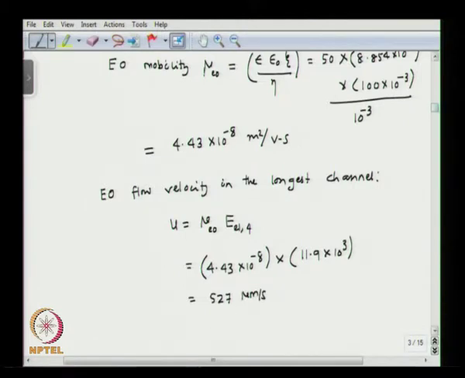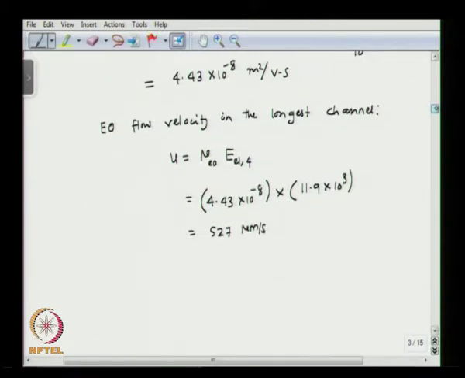Okay. So, knowing the electroosmotic flow velocity, we can find the flow rate. So, the electroosmotic flow rate in channel 4 is going to be U4, the velocity in channel 4, into the area of cross section.